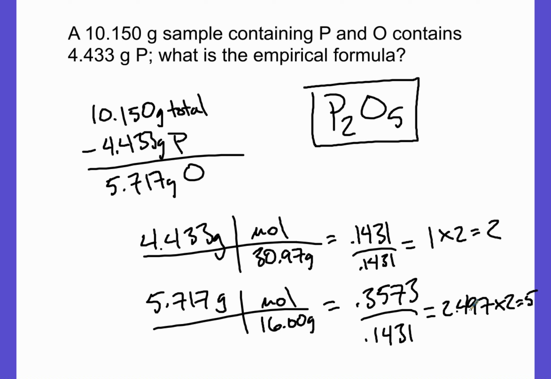If I'm going to assume that something's a whole number, it has to be a few hundredths or thousandths away from being that whole number, or it's really not what you think it is. So most of the time you're going to get whole numbers, but you're going to have to learn to recognize a few endings so that you can deal with it. All right, so that's the first half of these notes.